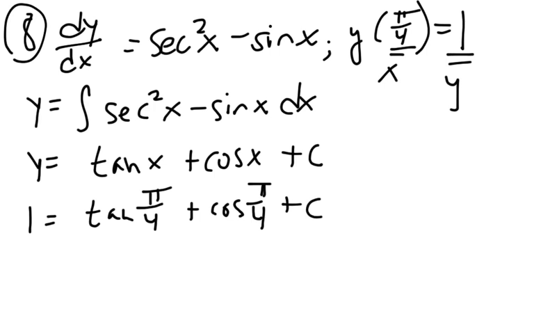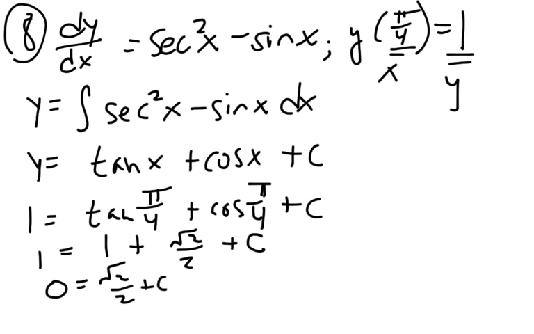So now I have 1 equals 1 plus the square root of 2 over 2 plus c. Subtract 1 from both sides, I have 0 equals the square root of 2 over 2 plus c. Get c by itself, subtract square root of 2 over 2 from both sides.